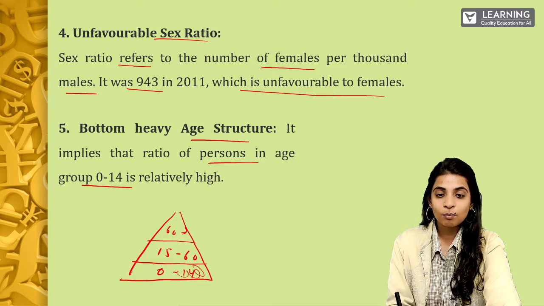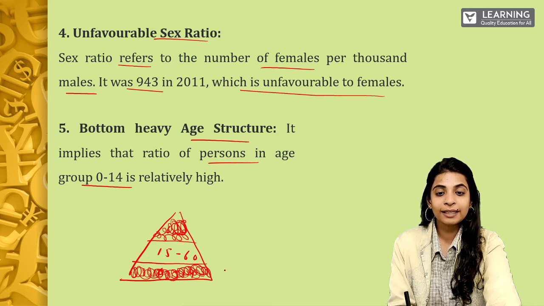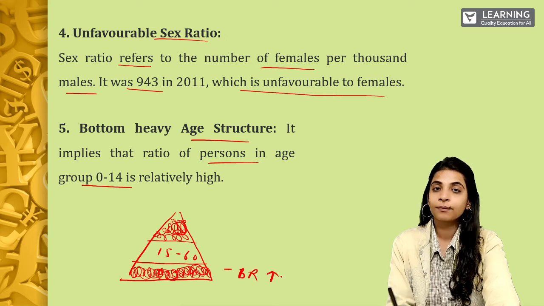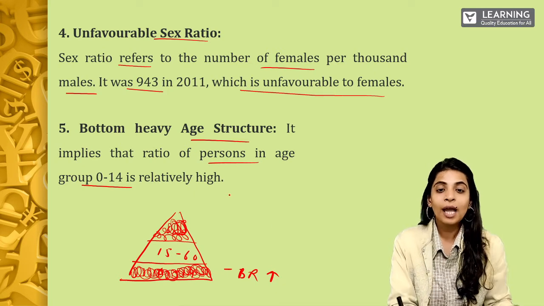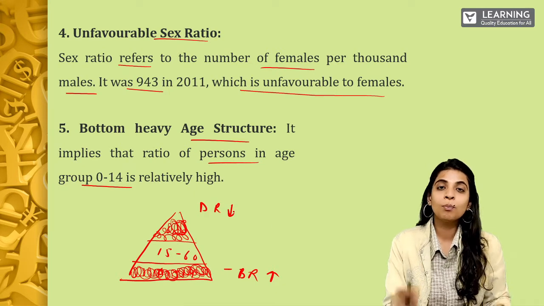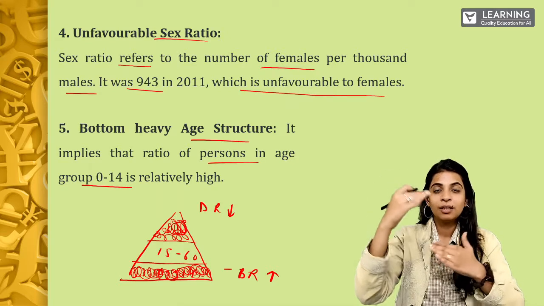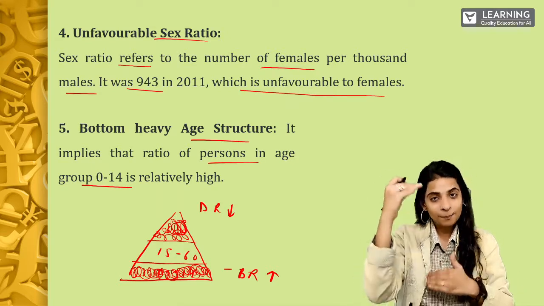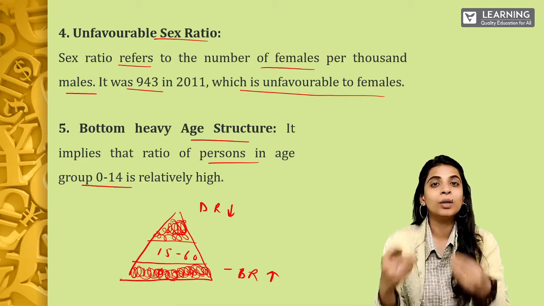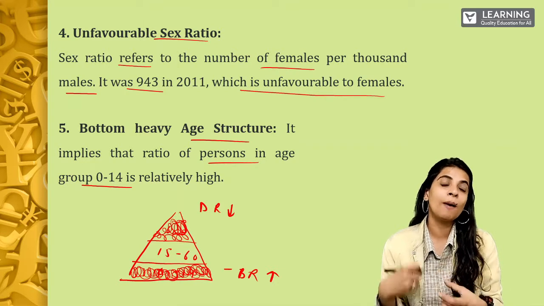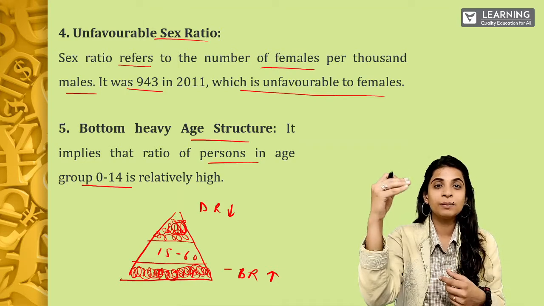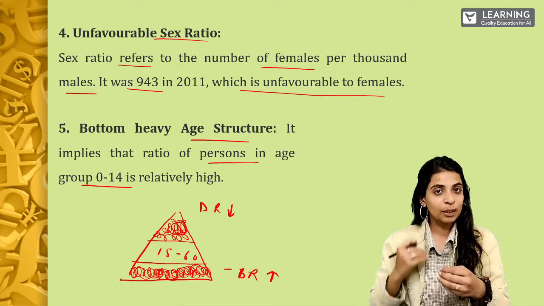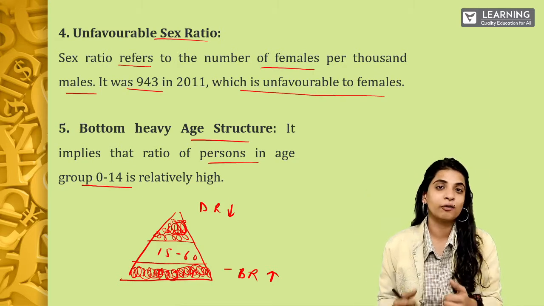Now this is very heavy because the birth rate is too high, the dependent population is too high, and the death rate is also low. So on both sides the dependent population is high, and we adults are compressed in the middle. We are the only people who are productive, and above us the dependent population is high, and below us the base is also very heavy.